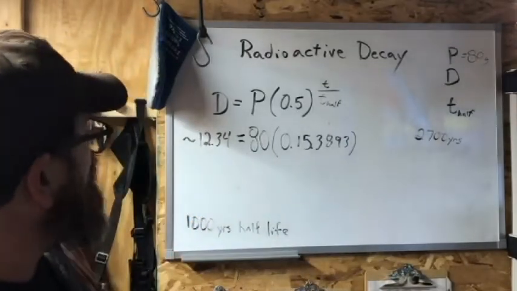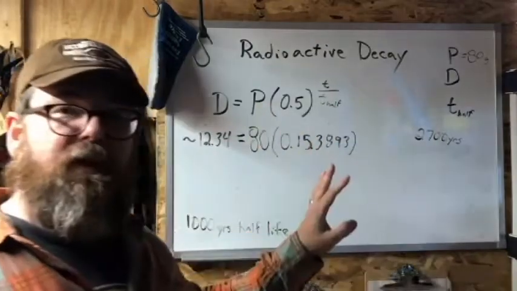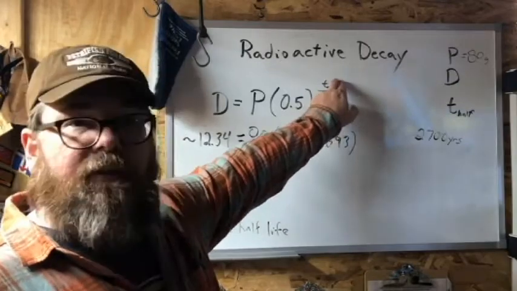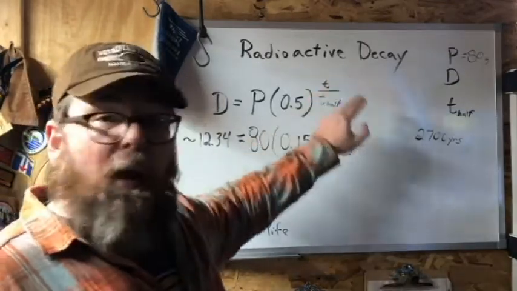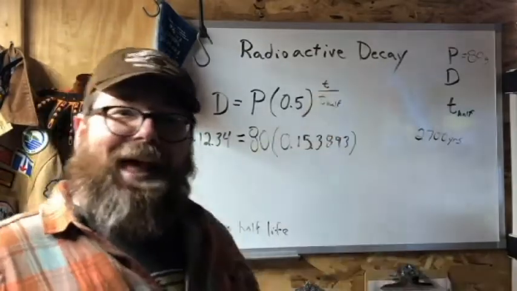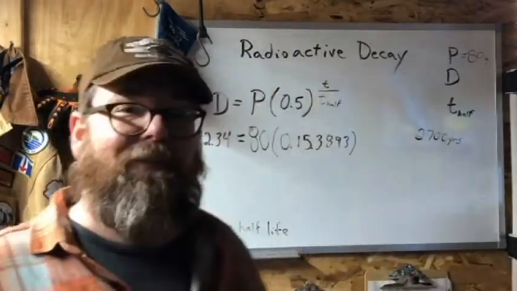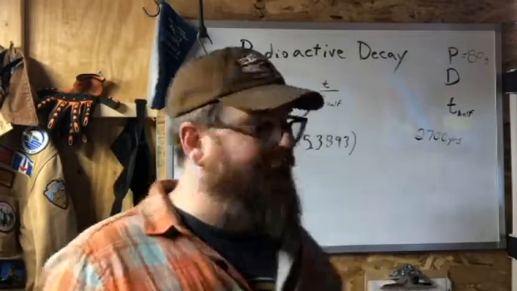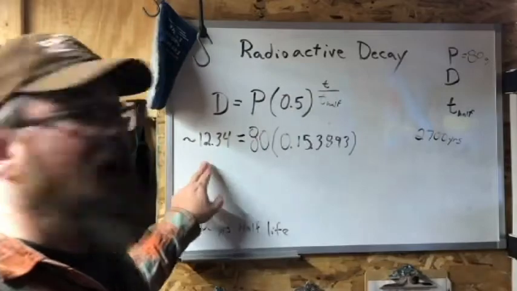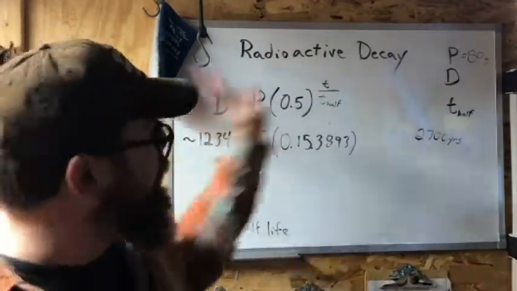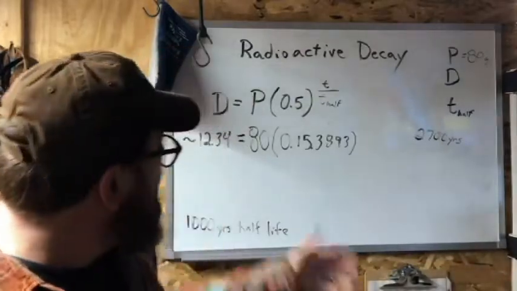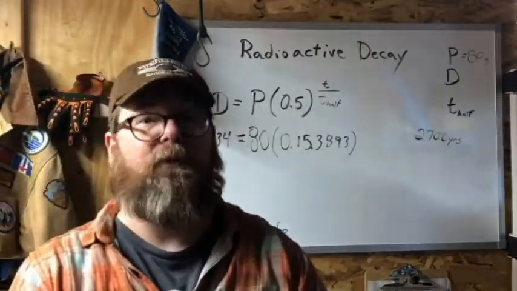I just wanted to show you how this little equation lets you solve for daughter elements as long as these are both known. There is a way to solve for this if this is not known, but that has to do with logs and stuff like that, and we're not going to get into that here. So as long as all of the stuff on this side of the equation is known, you can calculate a daughter roughly using any half-life you want and any amount of original material. So that's the only equation. I promise no more.